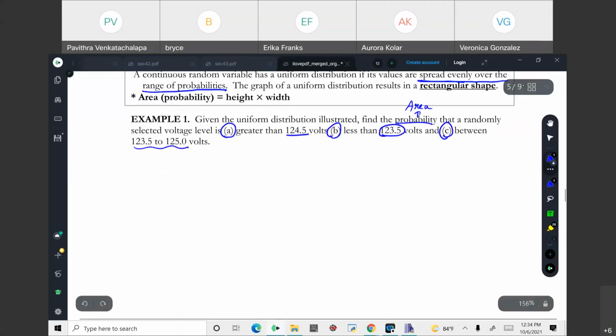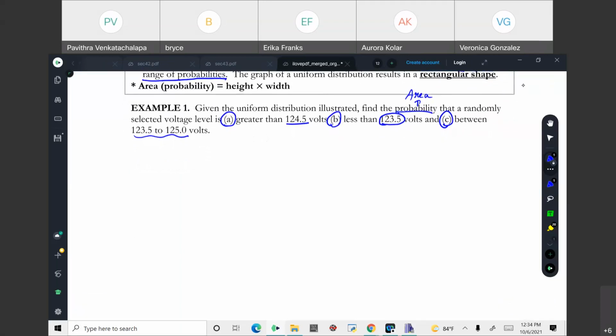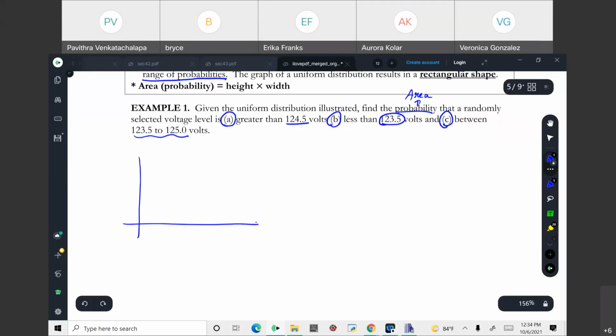I guess you have 3 of these questions in your homework. Before you do anything, you have to write or draw a figure.